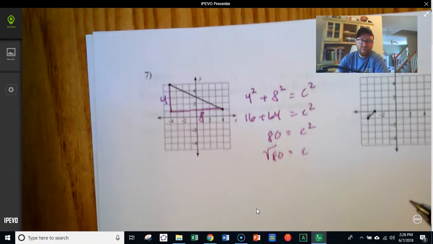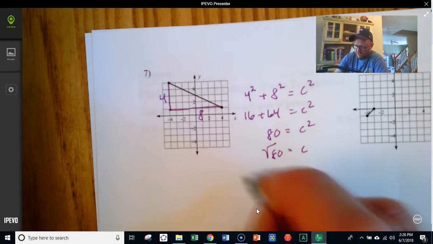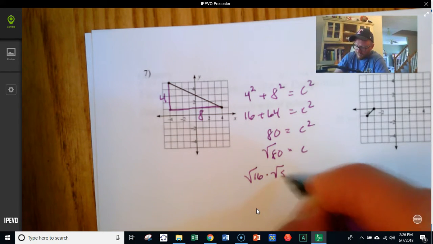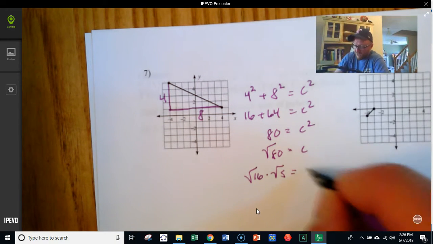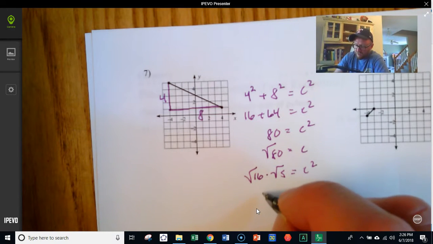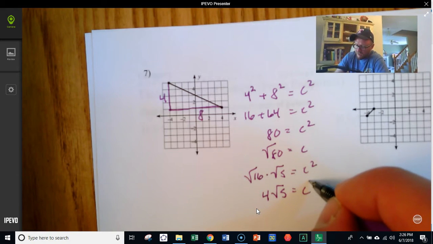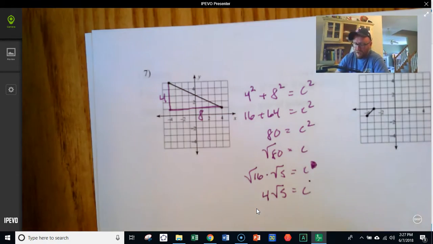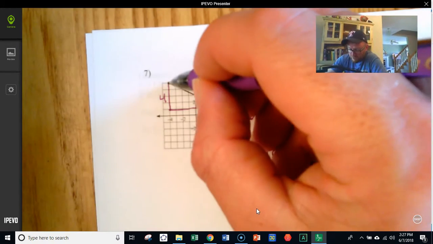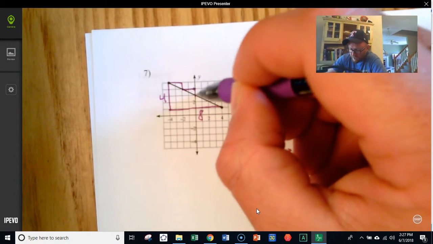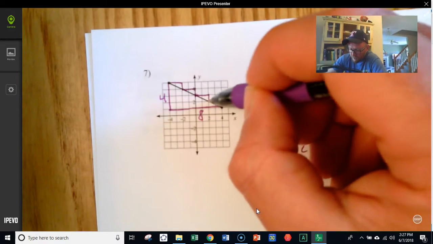And technically we should simplify this radical. Notice you could break this into square root of 16 times square root of 5, because 16 times 5 is 80. And square root of 16 is 4, so 4 square root of 5 equals c. Also notice, you see how this is over, down, over, down, over, down, over, down.